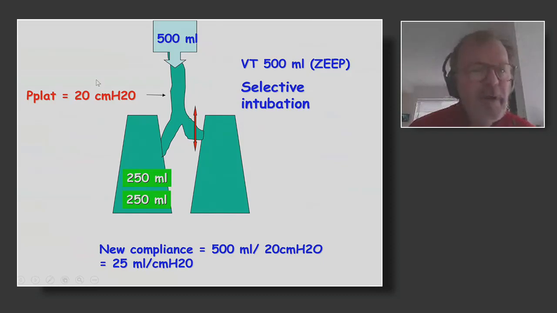Instead of 10, it will be 20 centimeters of water, and your new compliance will be 500 ml divided by 20, which is 25 ml per centimeter of water. So you see that nothing changed in the lung itself. It's just that because of the selective intubation, only half of the lungs is now available. So this illustrates that the smaller the lung, the higher your pressure.